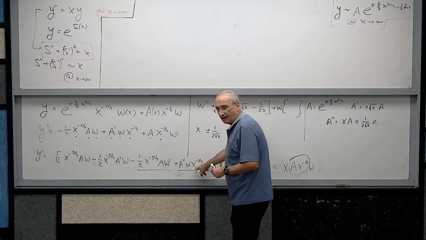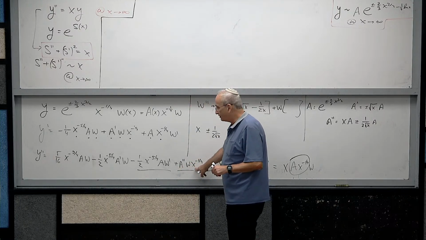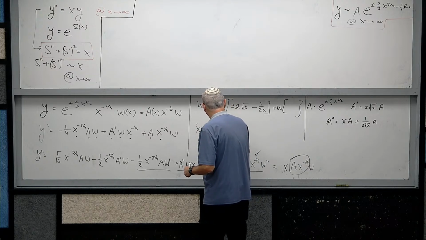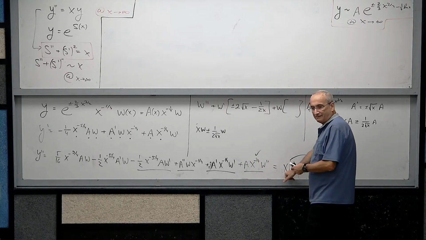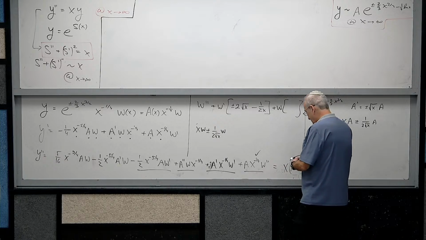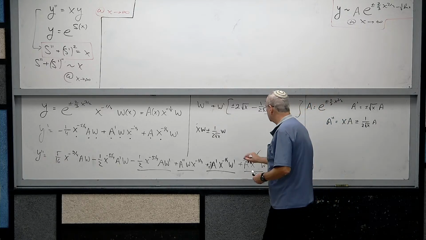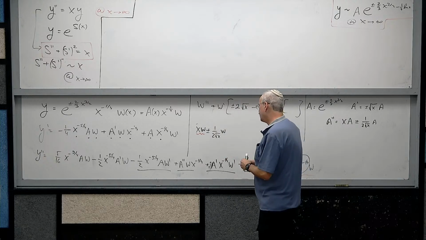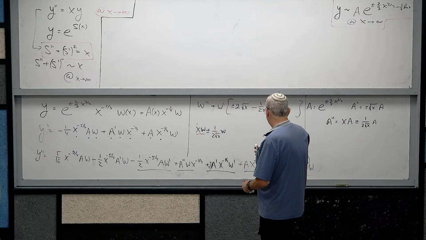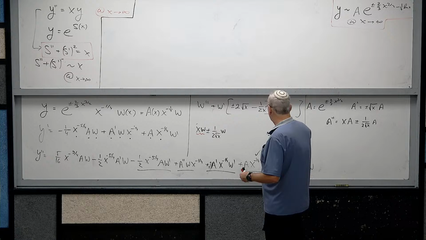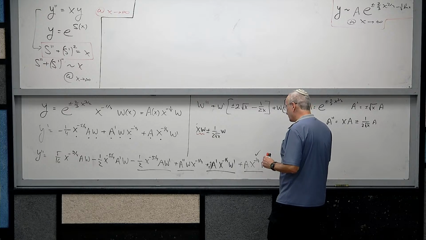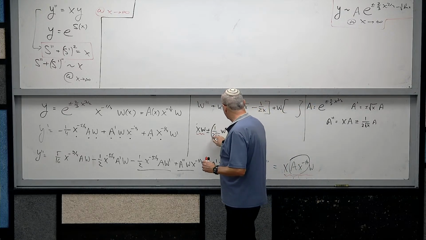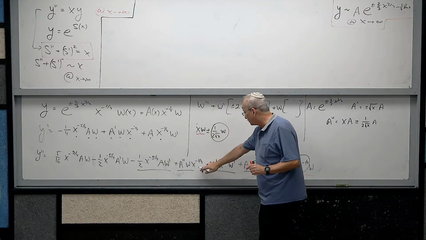So I have xw plus minus 1 over 2 square root of x w. The xw goes away with that, so this cancels that. What remains is 1 over 2 square root of x w in my contribution from this term.